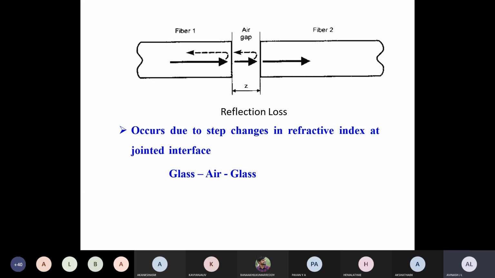This particular process is called Fresnel reflection. Glass has one refractive index, air has another refractive index. When this refractive index change is there, we lose some part of the energy in the form of dispersion, reflection, radiation, etc. Please make a note of it, all of you.